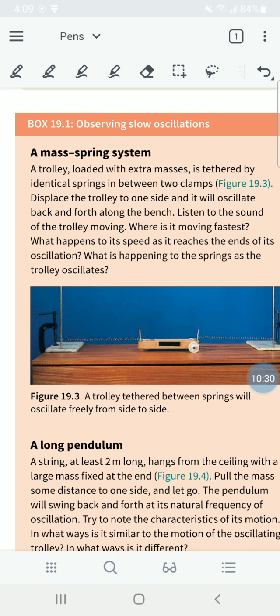A mass spring system or a long pendulum can be used to observe slow oscillations.